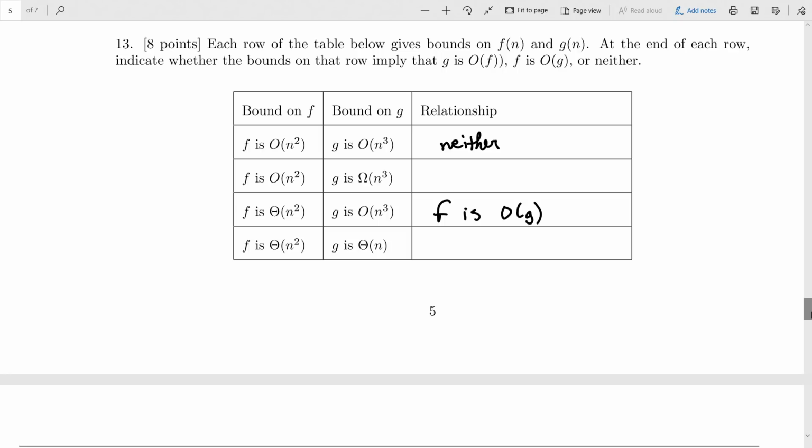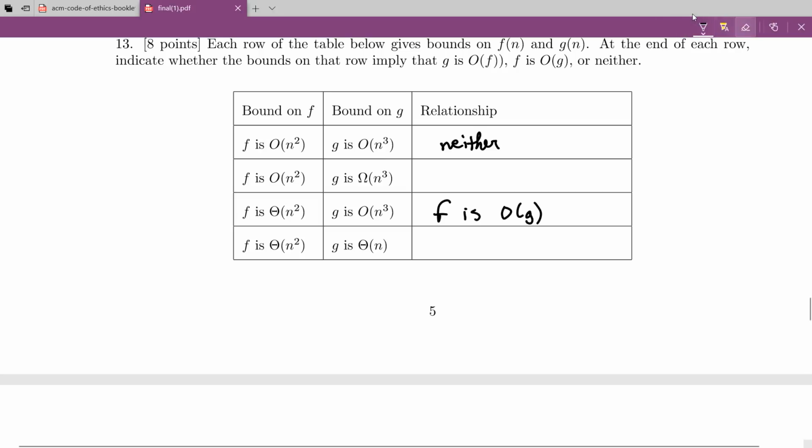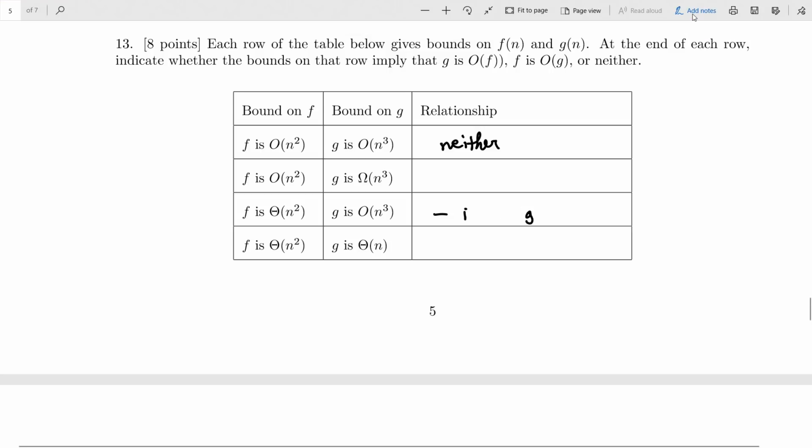So, yeah, on the first one, you said neither because that's an upper bound. G could end up being lower than f, right? Right. So, on the third one, g is O... bounded above by. Oh, see, I read that as a theta. Okay. Dang. See, I never make 100 on my tests. Let me try again. So if they were both theta, I would be right. So the fourth. Oh, the fourth one. You're right.